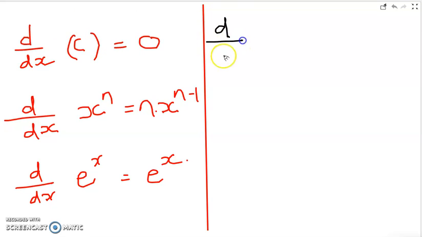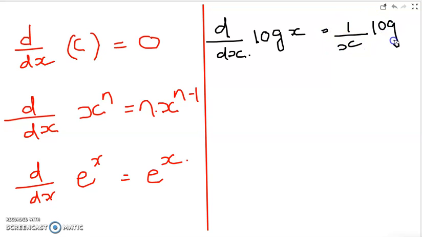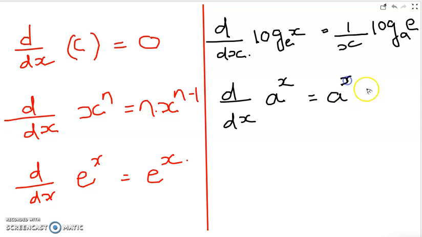In the same way, d by dx of log x, the logarithm, is 1 by x log a to e. Here e is the base. Again, d by dx of a power x is a power x log a.